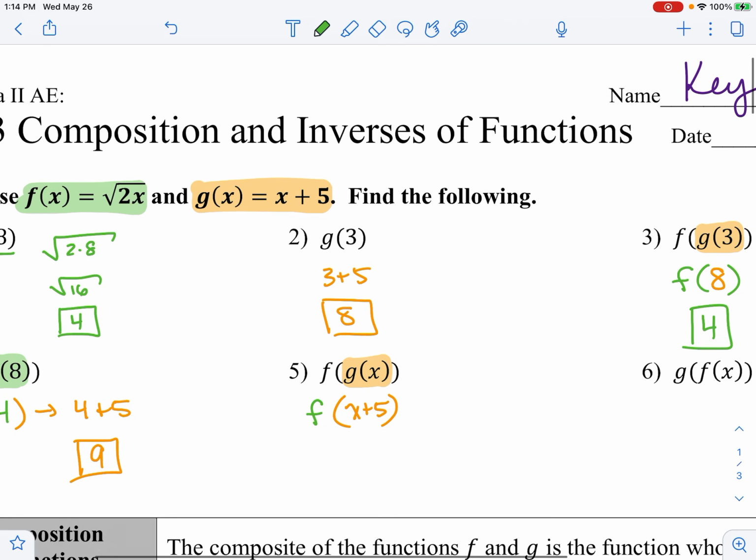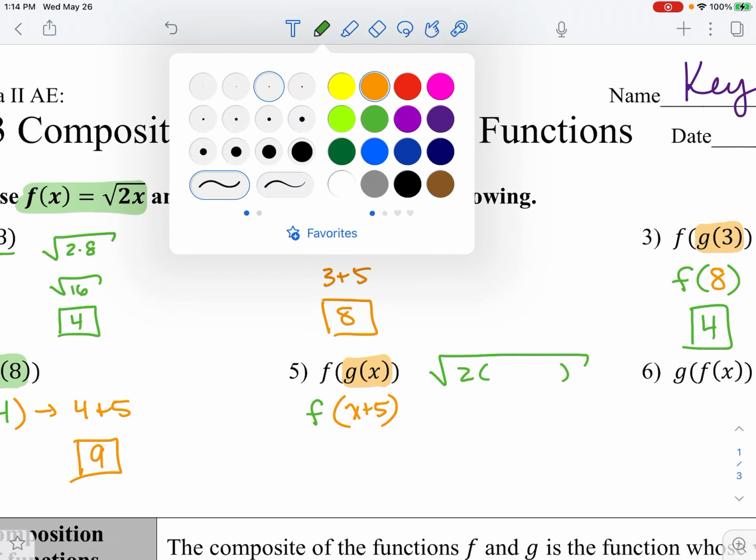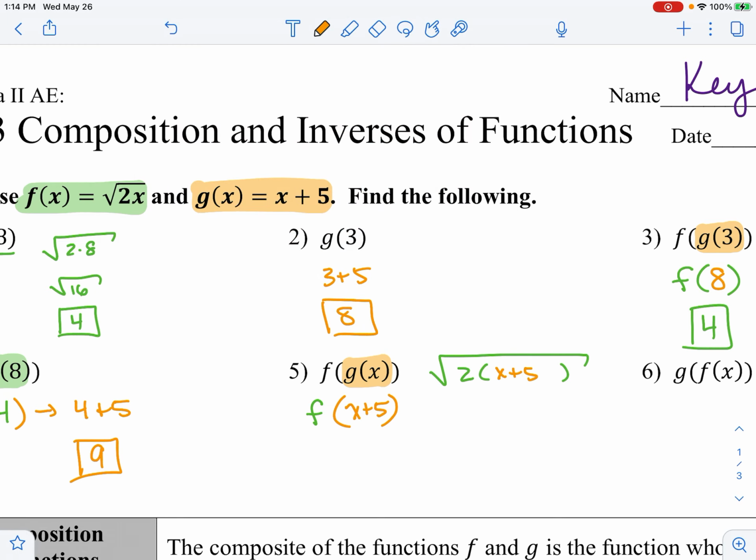That means in my f equation, anywhere I see an x, instead I want to write x plus 5. Okay, I know how to simplify this a little bit. Can I do anything here? No, I don't think I know either of those square roots. Maybe I'll distribute and see if that gets me anything. No, it doesn't. So I'll just leave it like this, or this one here would be fine as well.